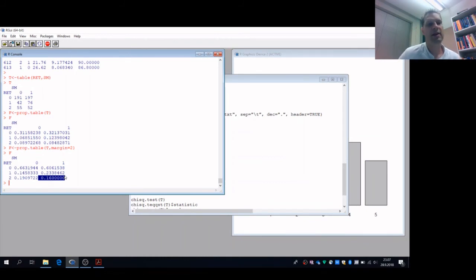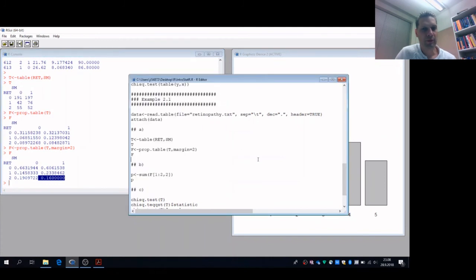So this really gives us an indication that the differences do not seem so clearly different that it would be easy to say that yes, smoking is highly affecting the probability that a person in a population of diabetes will also have retinopathy. So that's pretty much our question A.